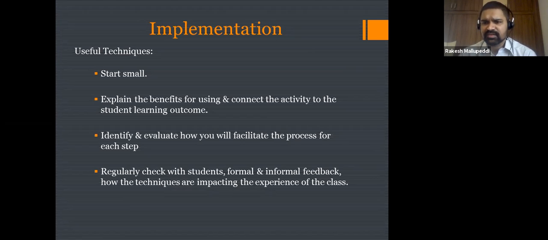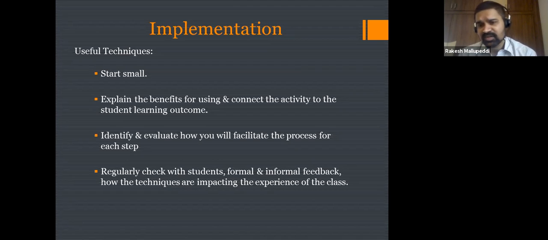Formally, in the class, and informally, one-on-one with some students. This way you can see if these techniques are impacting the experience of the class, and the experience of the class means the learning outcome of the student. So you need to get the feedback.